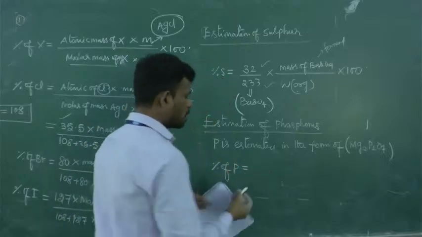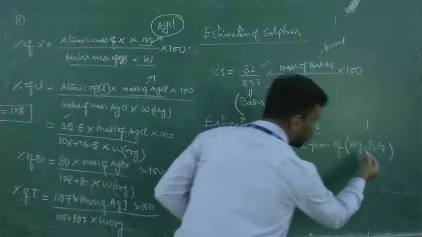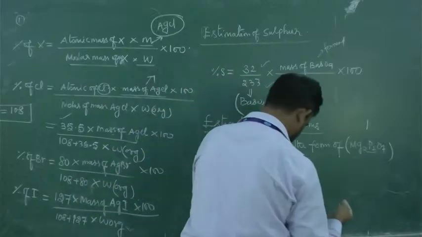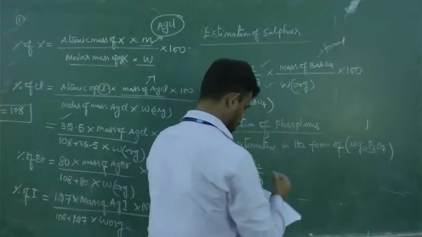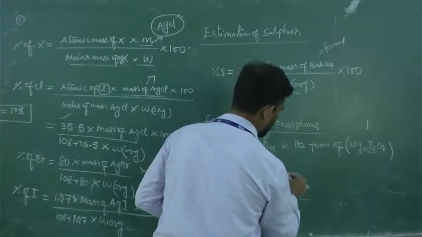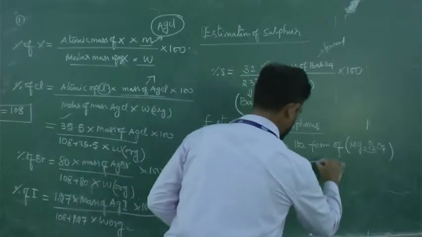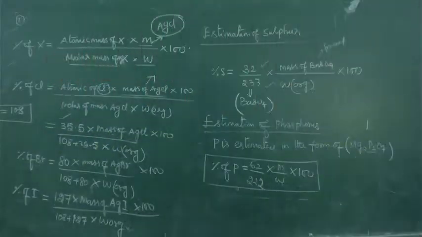Is it clear? The atomic mass of phosphorus is 31. How many phosphorus are there? 2 phosphorus. This is going to be 62. The molar mass of this compound is going to be 222. Okay, so it is 62 by 222, into m divided by W, into 100. So this is the formula to calculate the estimation of phosphorus. Is it clear?